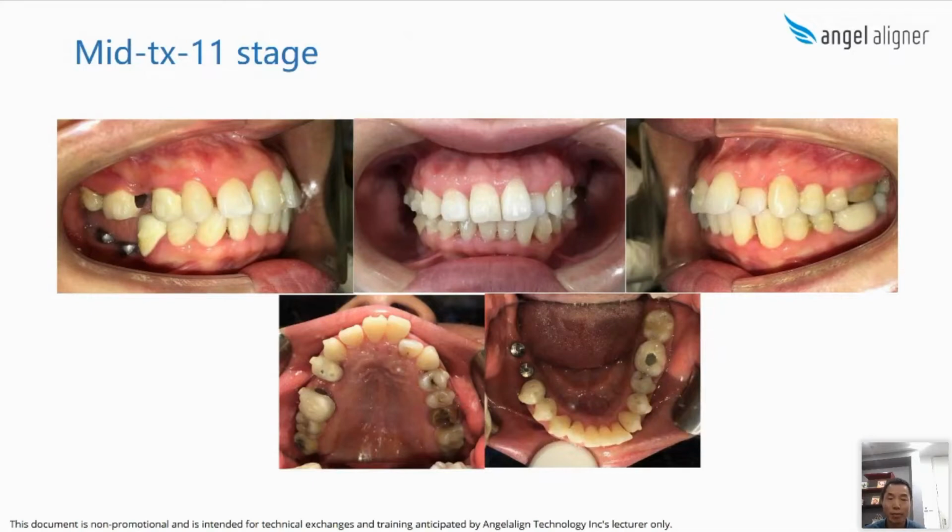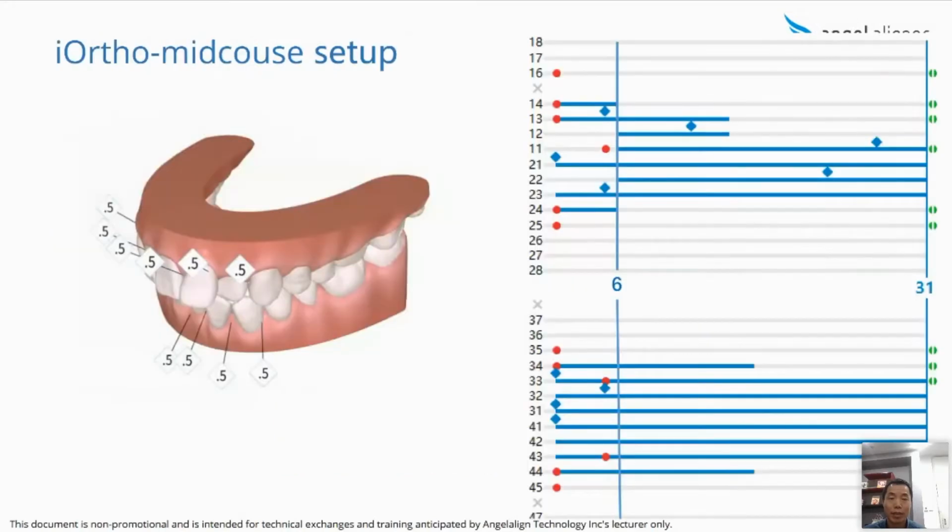How does it happen? By reviewing the ISO setup, we found that the tooth 22 kept labial and derotation movement slowly, very slowly, from step 6 to the end of the treatment, stage 31.